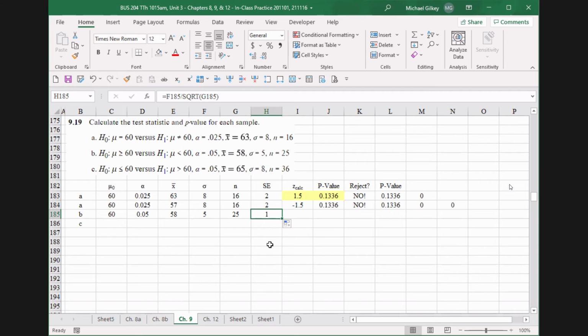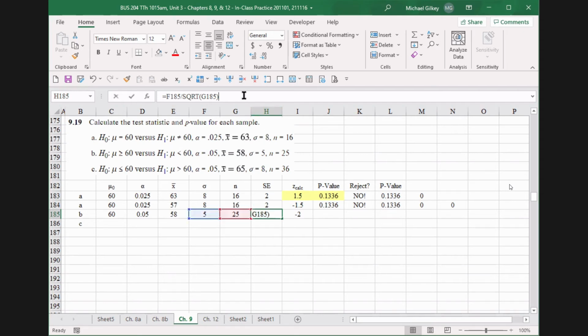Okay. Again, without doing any calculations in Excel or on a calculator, what's my z-score going to be? -2. Okay. Because this is 2 below that, and 2 is 2 standard errors. And since it's below, it's negative.